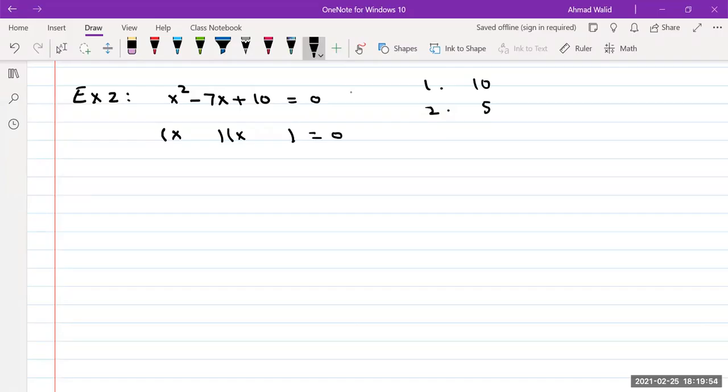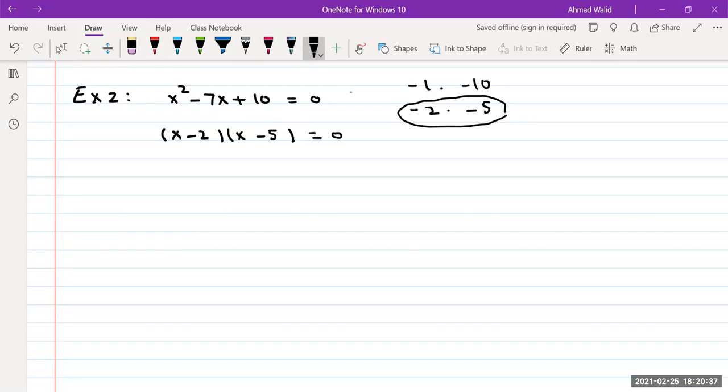Remember, because your b is negative, your numbers should be different sign. One of them should be negative, one of them should be positive. The bigger one should be negative, the smaller one should be positive. Now, which pair, when you add, gives you, sorry, both should be negative, not positive. Both should be negative. Now, which pair gives you negative 7? Of course, negative 2 and what? Negative 5. Then I will write here negative 2 and here negative 5.